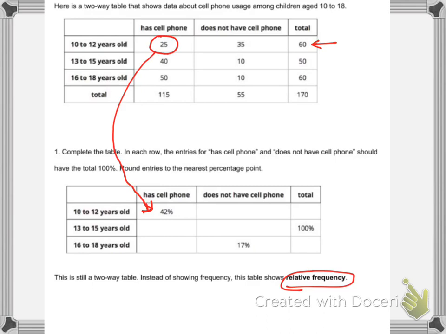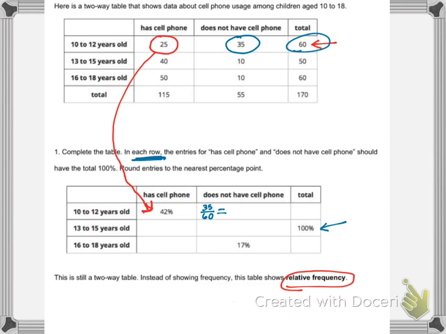And we're looking across. You can see that the row is totaling 100%. So the next part we do is we would take that 35 10 to 12-year-olds out of 60 10 to 12-year-olds. There are 35 10 to 12-year-olds out of 60 total that were surveyed, and we want to change that to its decimal.